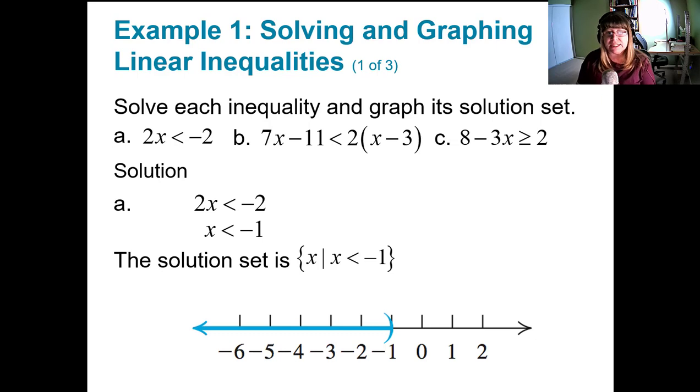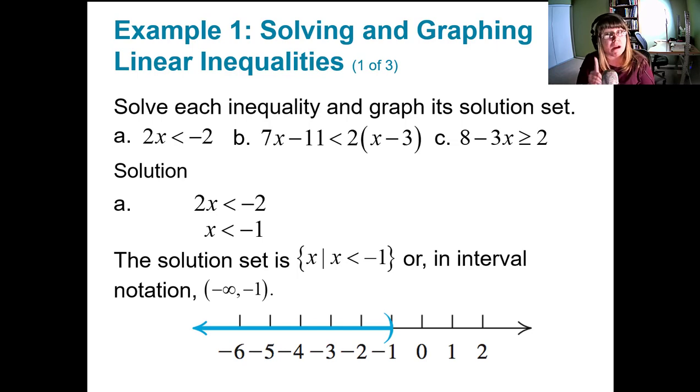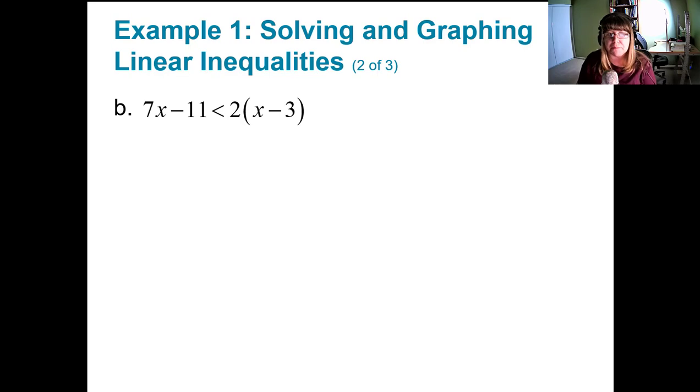So our solution set is x such that x is all values less than -1. That's in set notation. In interval notation, it's going to be negative infinity to -1, but not including -1. Let's look at B. 7x minus 11 is less than 2 times x minus 3.